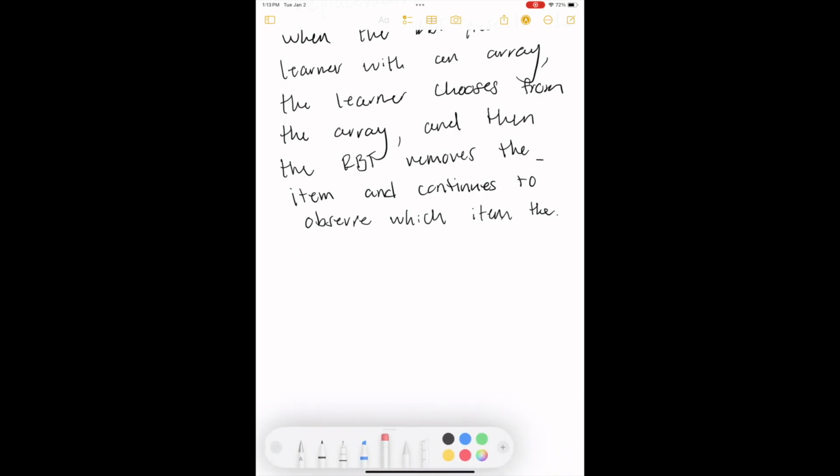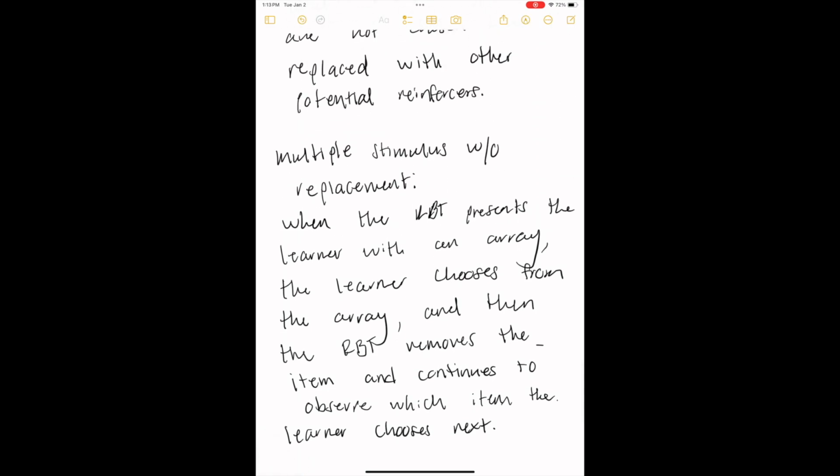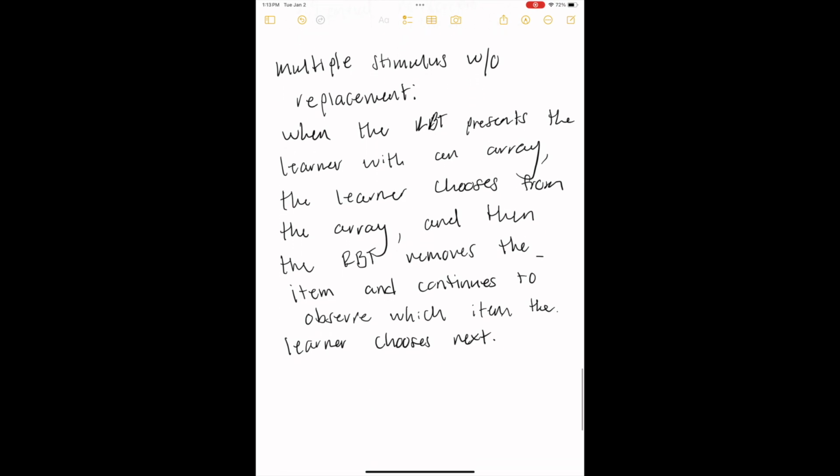So this is a good one because it's a good way of seeing your learner's hierarchy of reinforcers. With this preference assessment, multiple stimulus without replacement, you're gonna know what your learner likes most to least from the items that you chose to present to them.